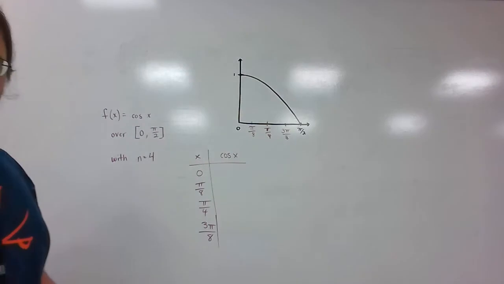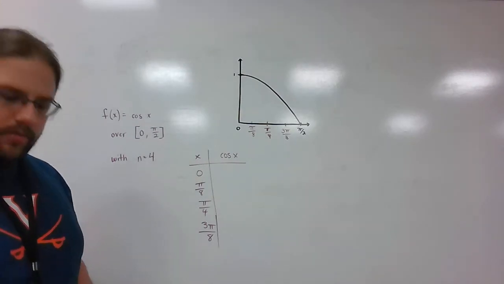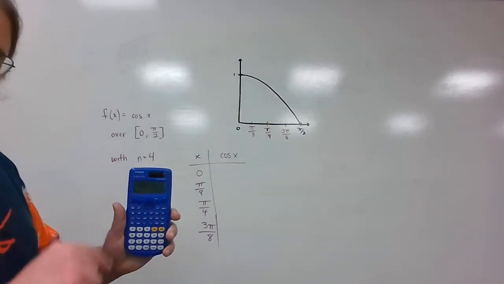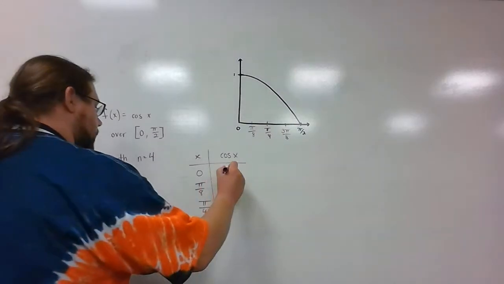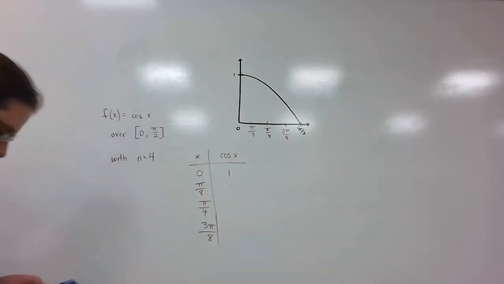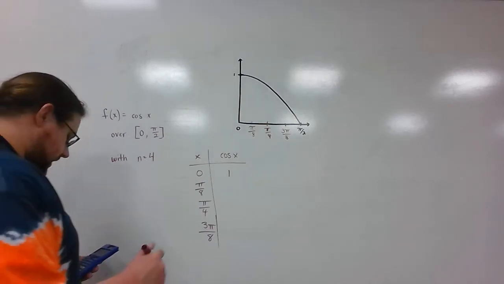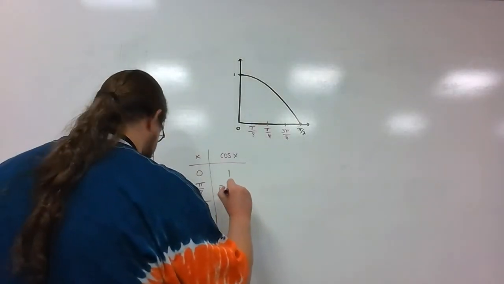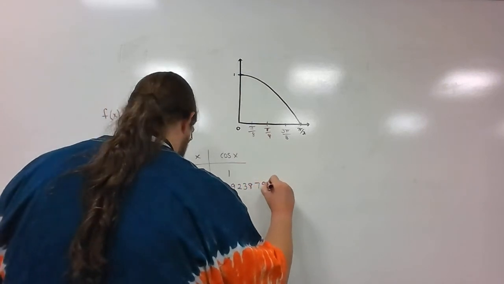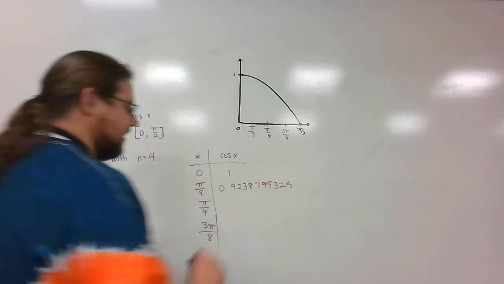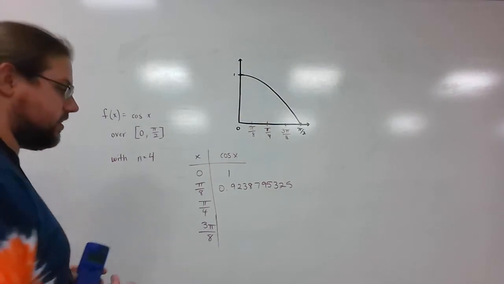So I'm going to plug these numbers in and see what happens. Make sure, again, your calculator's in radian mode. Cosine of 0, we should already know, is 1. Cosine of pi over 8 is a really long number, 0.92387955325. I'm not going to ask you to write all those decimals; you might want to just write a couple.